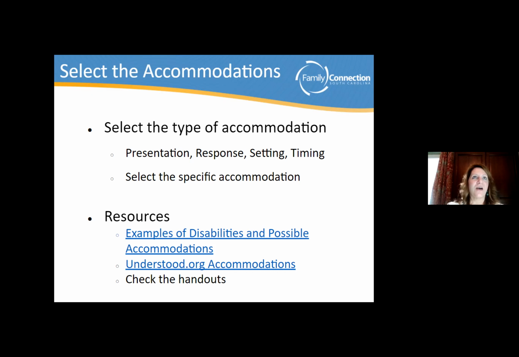My answer would be, let's look at the individualized strengths of the student, the demands of the setting, how information is presented, and then go through it together. That's the kind of discussion about strengths and selecting accommodations that should take place in IEP meetings. Some of these resources that we've offered below, as well as the handouts we've shared in advance, can also help you through that process.